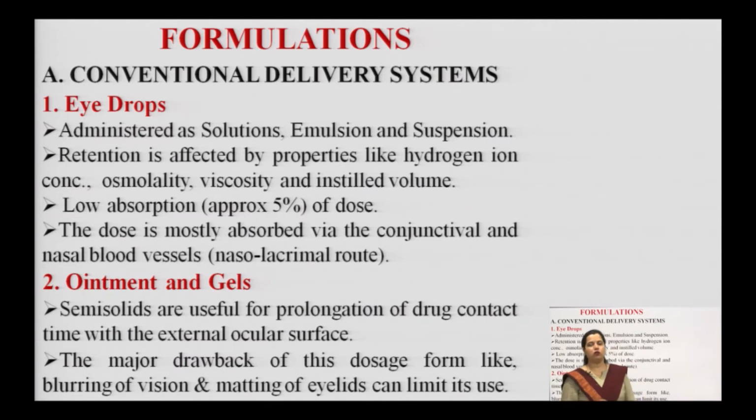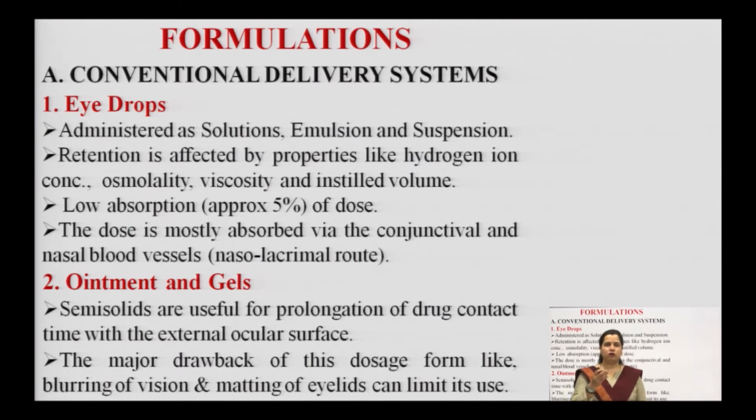Low absorption is achieved through these types of preparations, approximately 5%. You remember I have shown you a chart which represents the ocular absorption, 5%, and the remaining is getting absorbed in the systemic circulation, 50 to 100%, varying depending on the type of drug we are using.